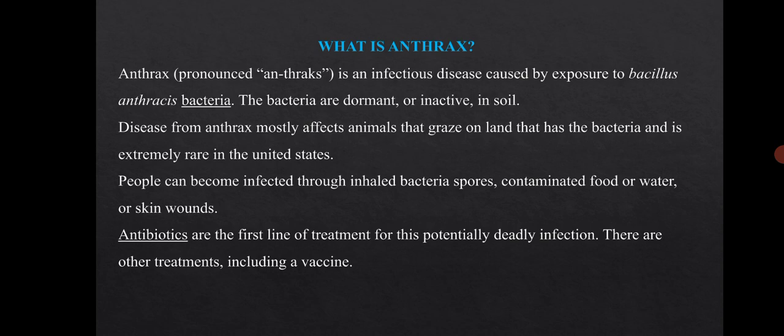People can become infected through inhalation of bacterial spores, through contaminated food or water, or when the spores come into contact with skin wounds. Antibiotics are the first line of treatment for this potentially deadly infection. There are other prevention methods, like vaccination.